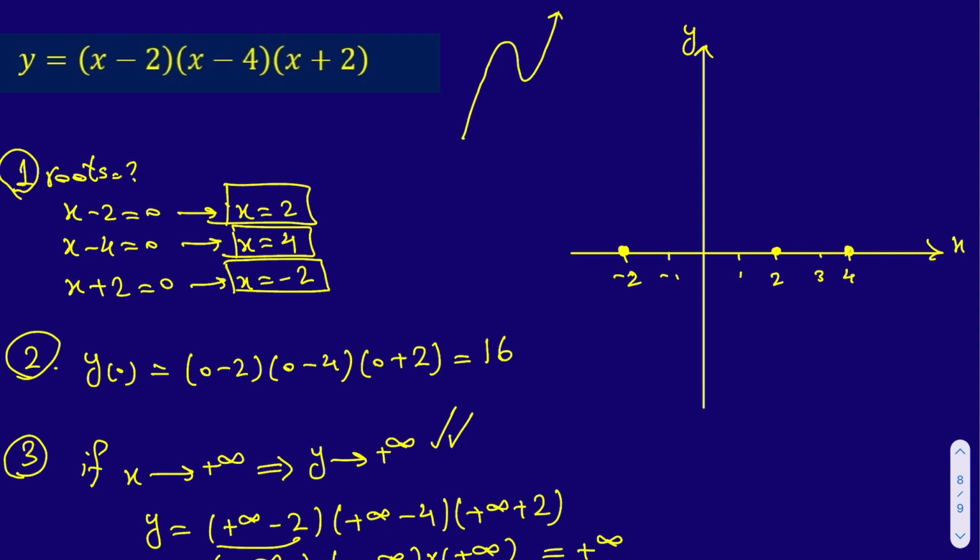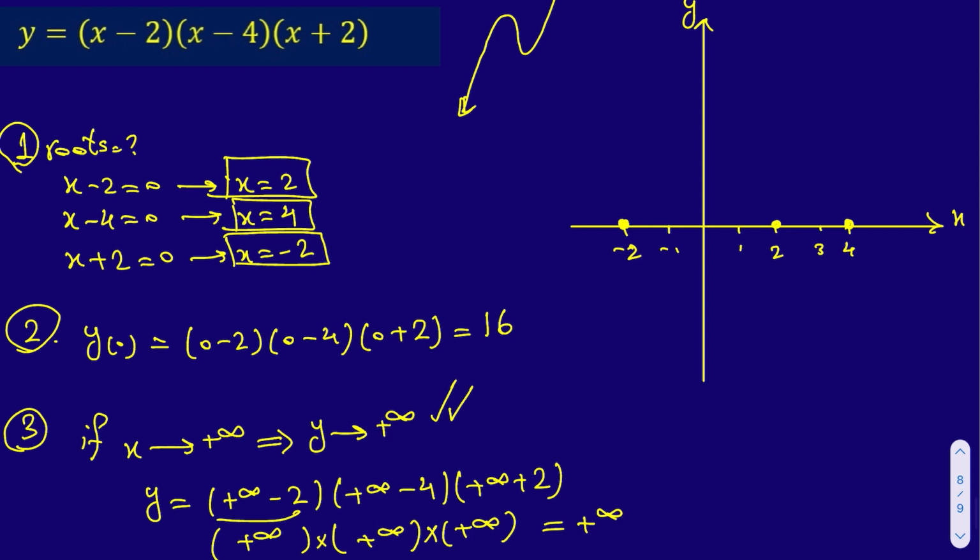So let's one more time, I will draw the shape in case I forget. So I'm going to draw this shape. This shape comes from negative infinity. This curve gets into -2, and then goes up, and then it also needs to intercept the y-axis, which here will be equal to 16.